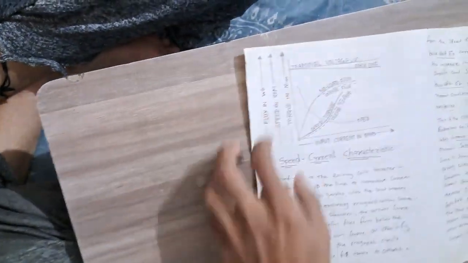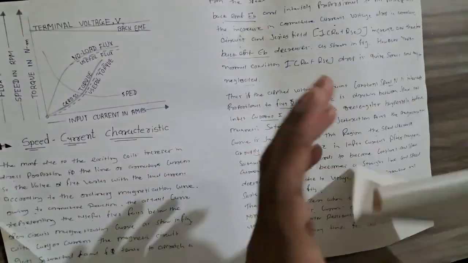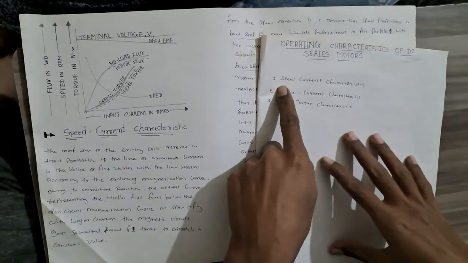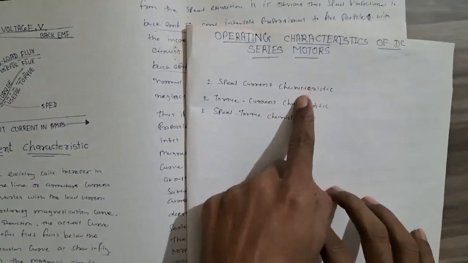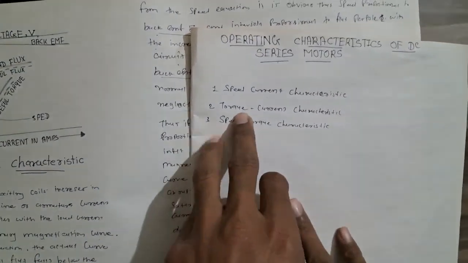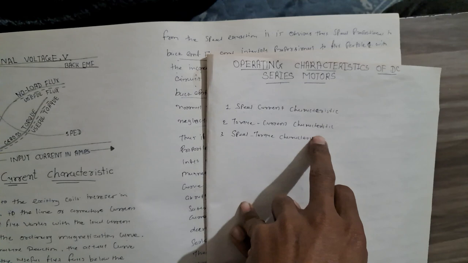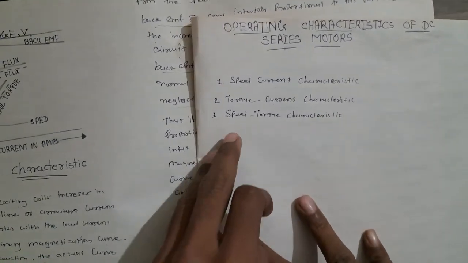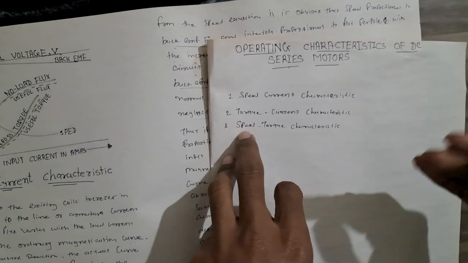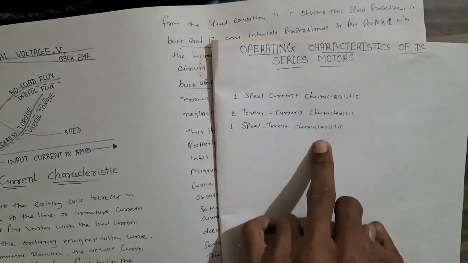Okay, so our topic is the operating characteristic of DC motor. The first point is completed, the speed current characteristic. In the second video we will discuss the torque current characteristic and also the speed torque characteristic.